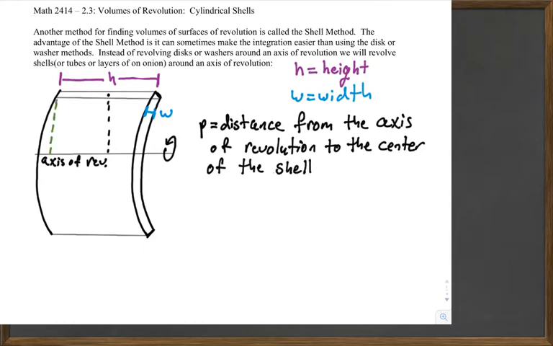Okay, and then we're going to have an inner radius and an outer radius. When we first hit the layer of the shell or the onion, that's going to be p minus w over 2, half of the width. That'll be the inner radius. And then p plus w over 2 will be the outer radius.